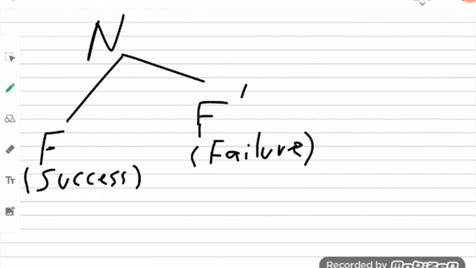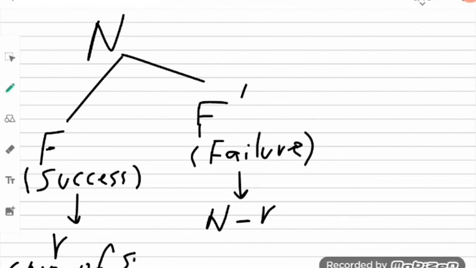We assume also that in the population, the number of successes is R, and hence the number of failures will be N capital minus R. So R, again, is the number of successes, while N capital minus R will be considered as the number of failures.